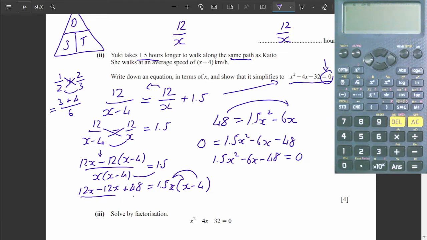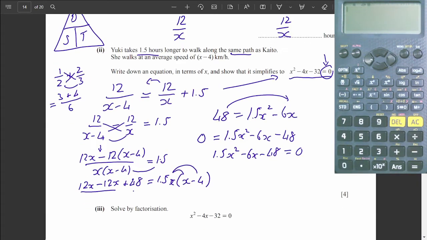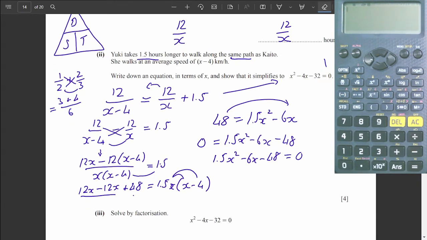Now, do we have what they want us to have? They want us to have this up here. So let's look at it. We want the 1 in front of the x squared. We've got 1.5.